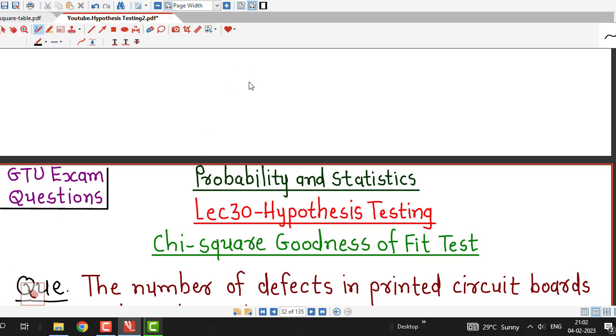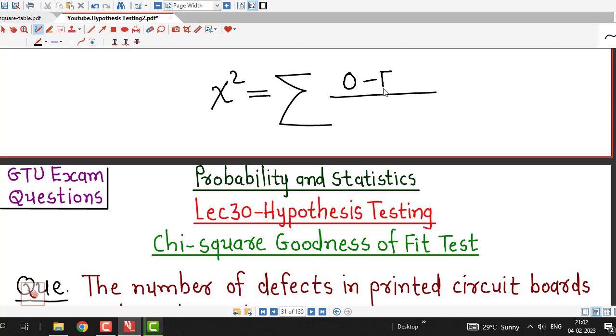If you have seen lecture number 29, you can recall that the formula for the test statistic for chi-square goodness of fit test is chi-square equal to sigma of observed minus expected frequency, square of this difference, divided by capital E, and we are considering the sum over all possible groups or categories.